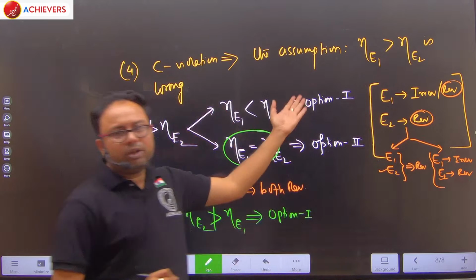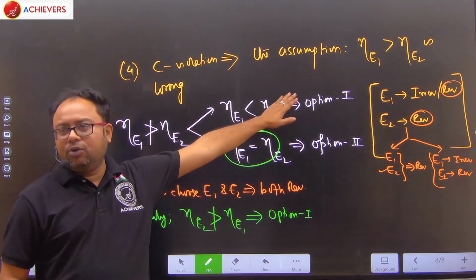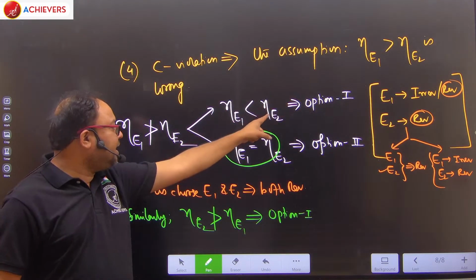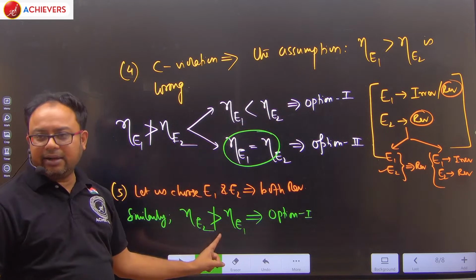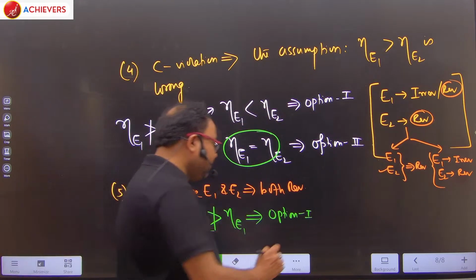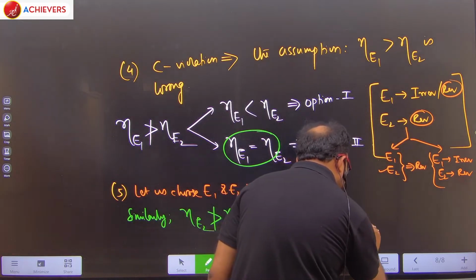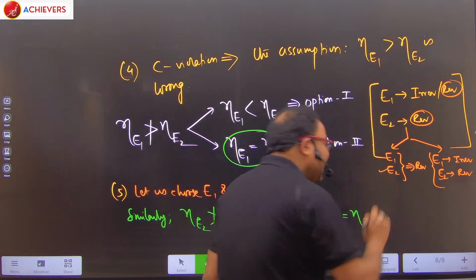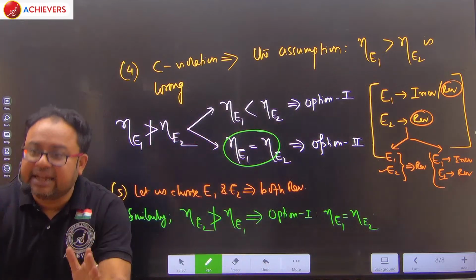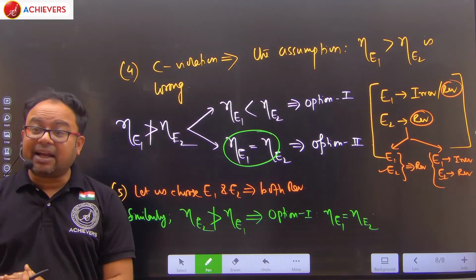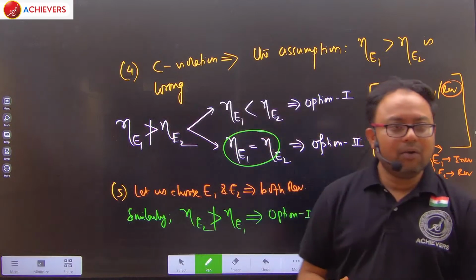Because you are left with two options, and you don't have option 1 because eta E2 is not greater than eta E1. So you are left with eta E1 equal to eta E2. And this has a great significance. What is that?